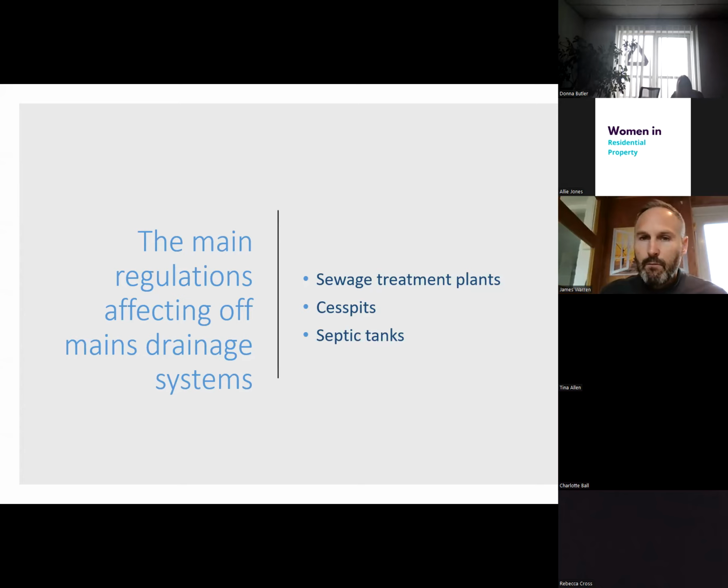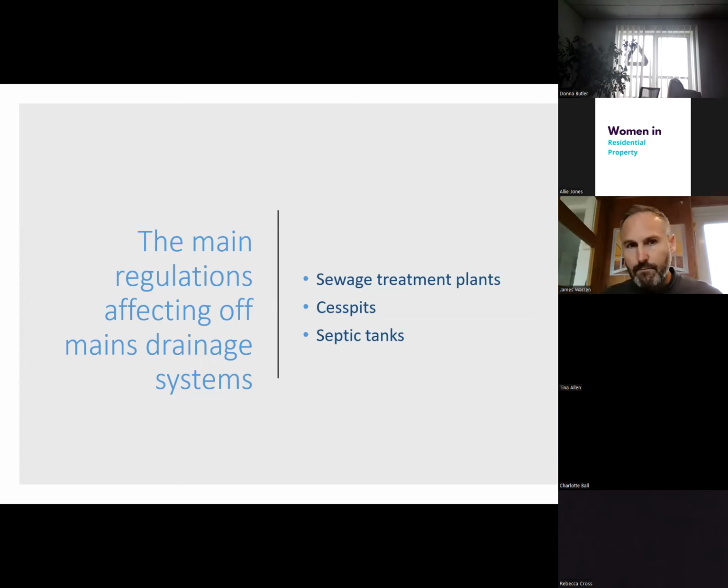They are Building Regulations 2010 Part H Section 2, and BS 6297:2007, which is a 46-page document all about drainage fields, which are piped dispersal systems, which I'll talk about in a moment. British Water created a document called Flows and Loads, and they're currently on the 4th edition. That tells anyone how to size any of these systems for any property, whether it's domestic or commercial.